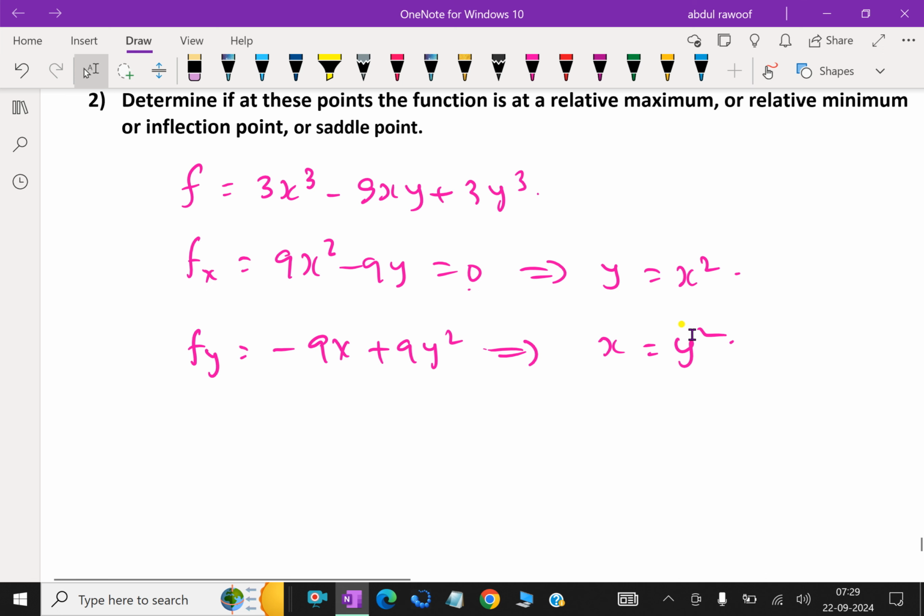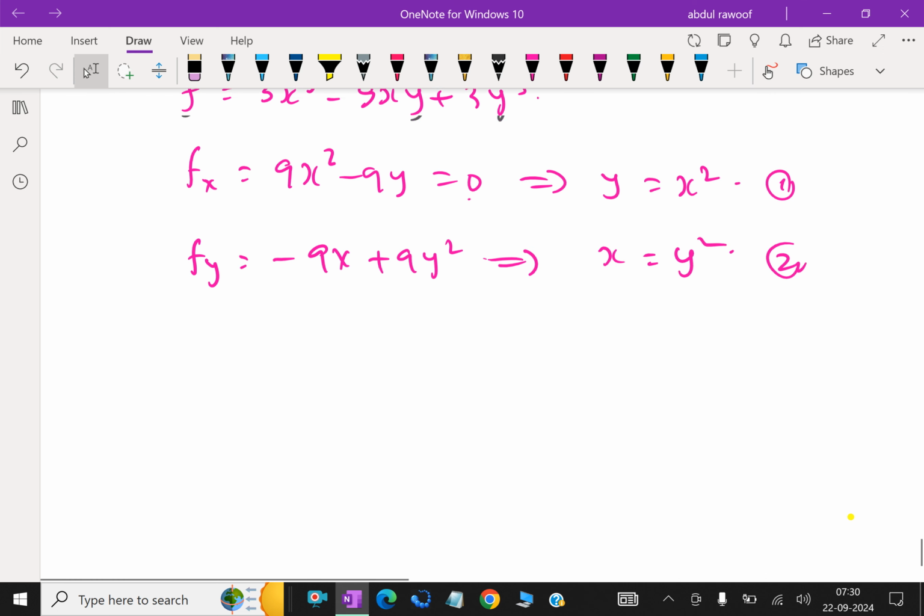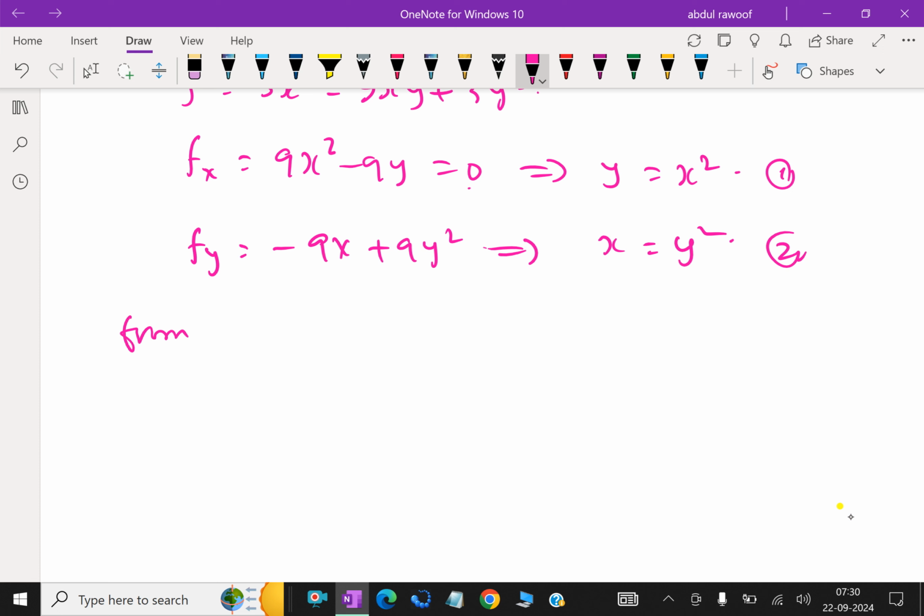Let y equal to x squared be condition 1. From condition 2 we get x equal to y squared.